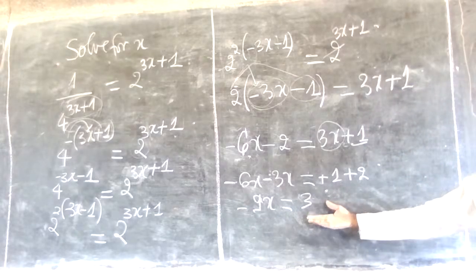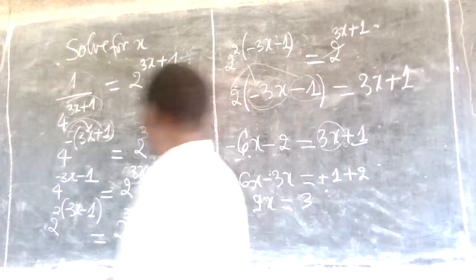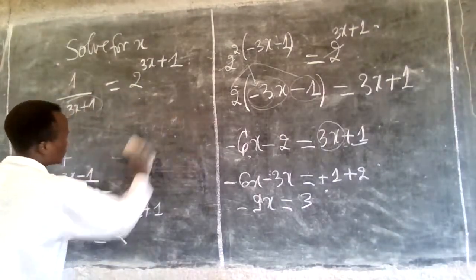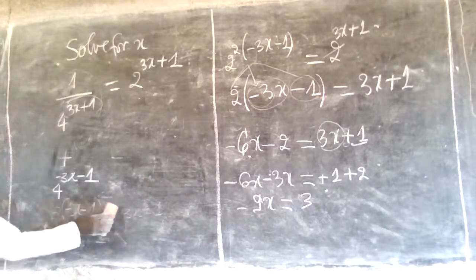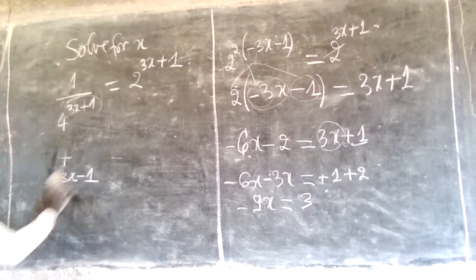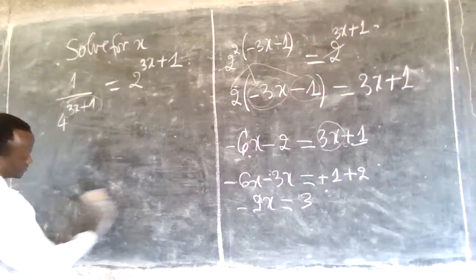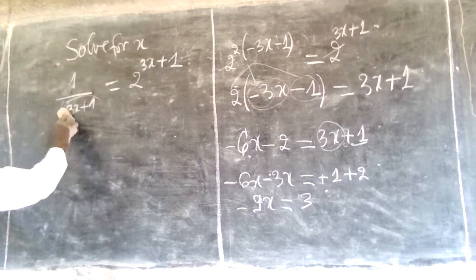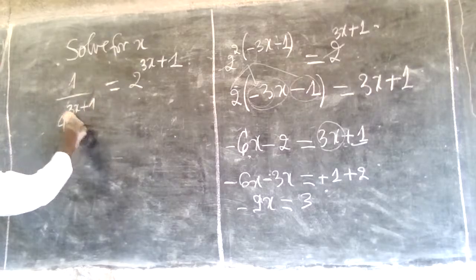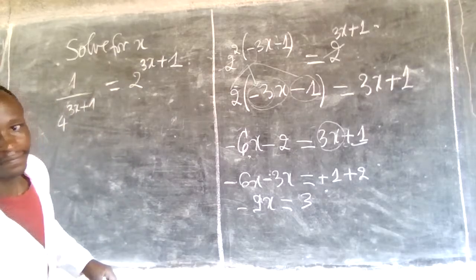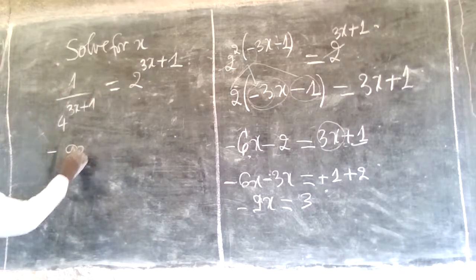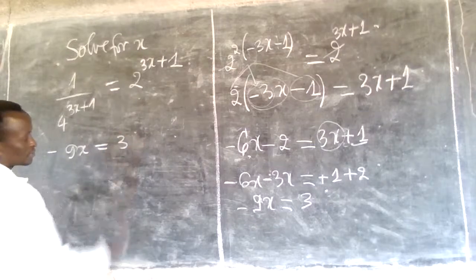Now, what is the value of x? We have minus 9x, which is equal to 3.